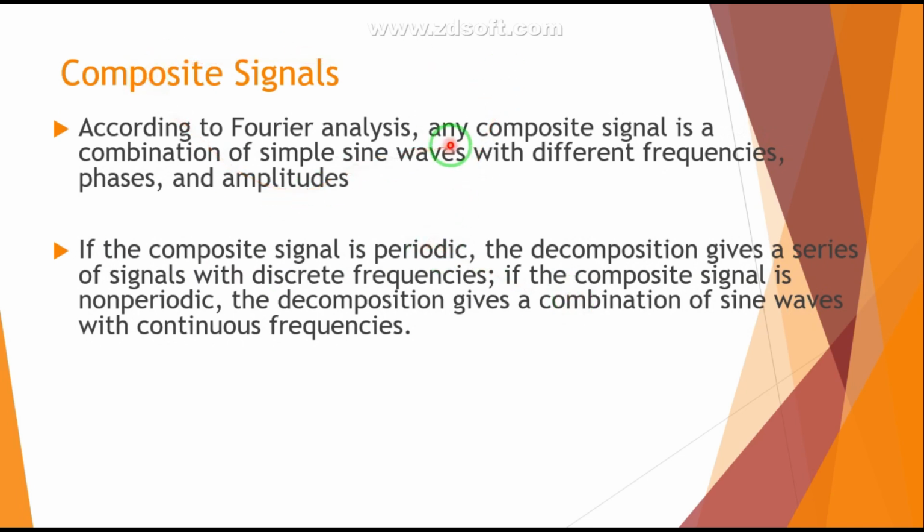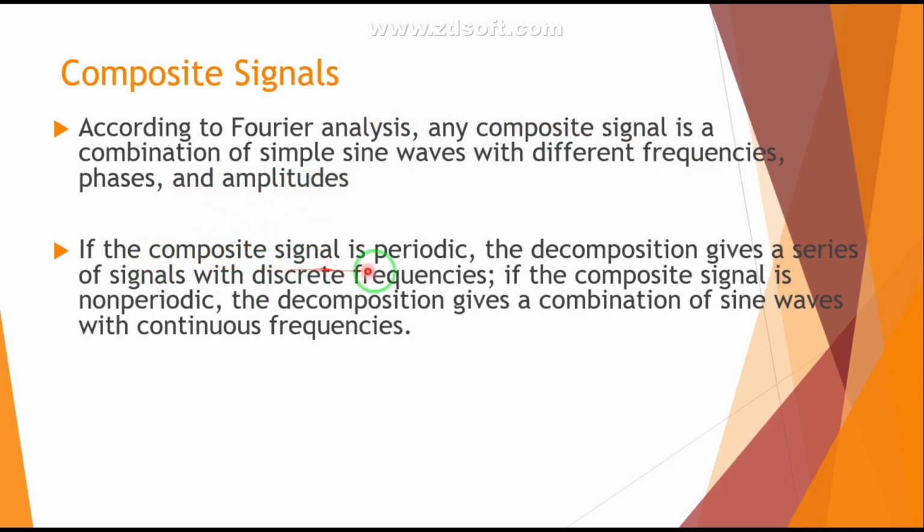And guys, in the early 1900s, the French mathematician J.B. Fourier showed that any composite signal is a sum of a set of sine waves of different frequencies, phases and amplitudes. So according to Fourier analysis, any composite signal can be represented as a combination of simple sine waves with different frequencies, phases and amplitudes.